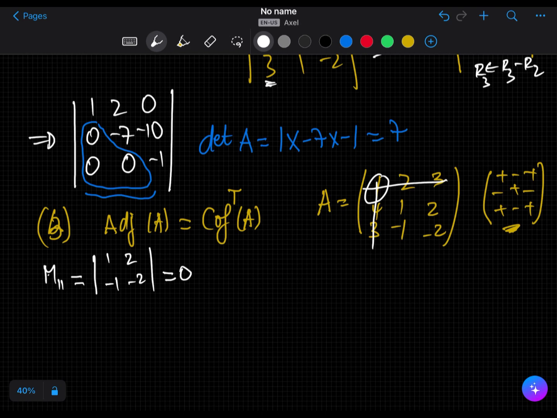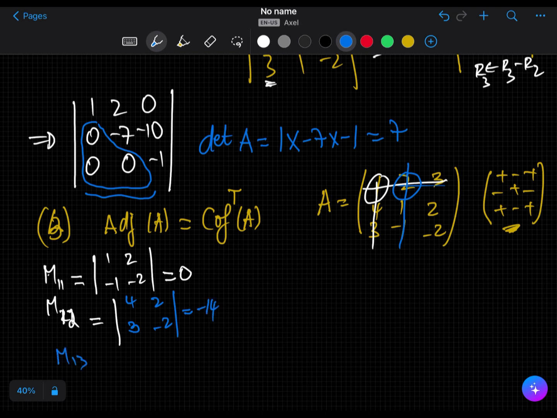So if I want to find M12, right, then this pivot here, I do this. I will remain with 4, 3, 2, minus 2, right? That gives me minus 8 minus 6, minus 14.